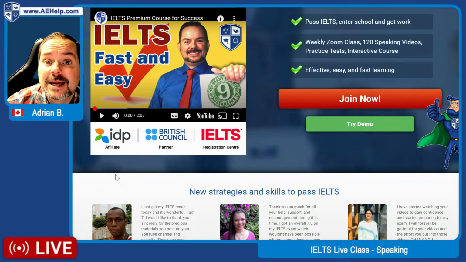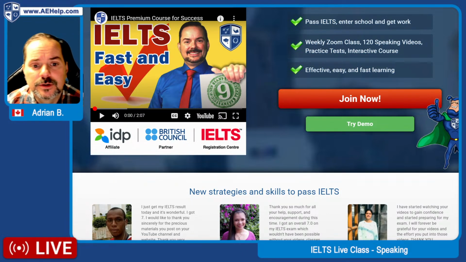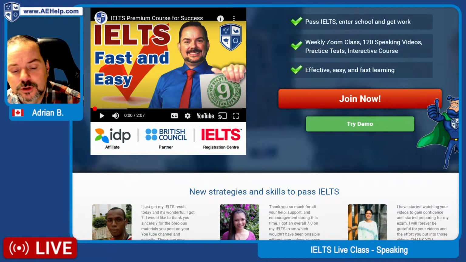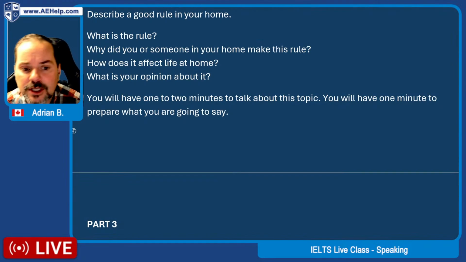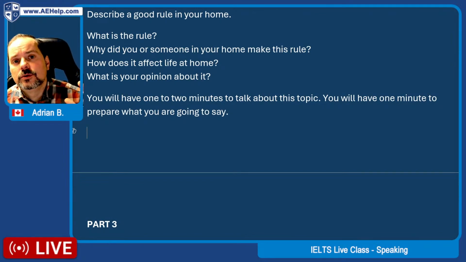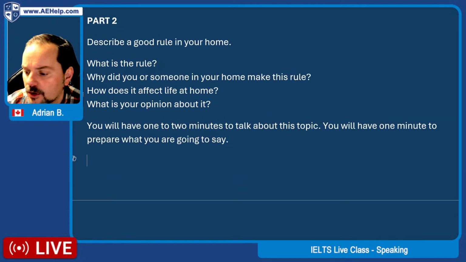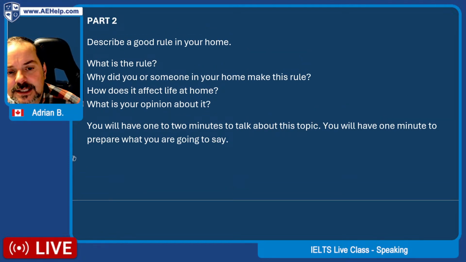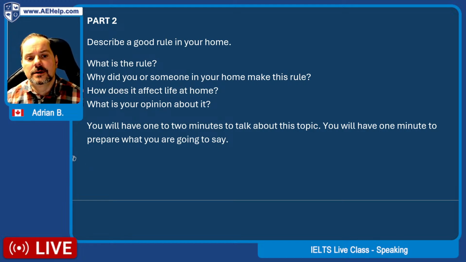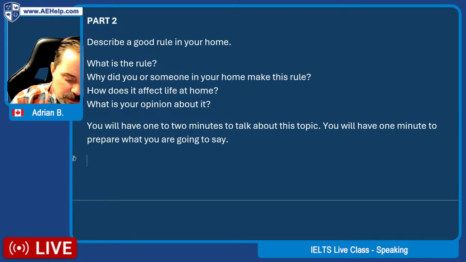Or it's going to be an idea, right? So discuss a clever idea you had to improve your learning, okay? Now, each of these has a way to describe. So in this case, describe a good rule in your home. What is this? Is this an object, a person? Anna says this is an idea. Absolutely, Anna. This is an idea.